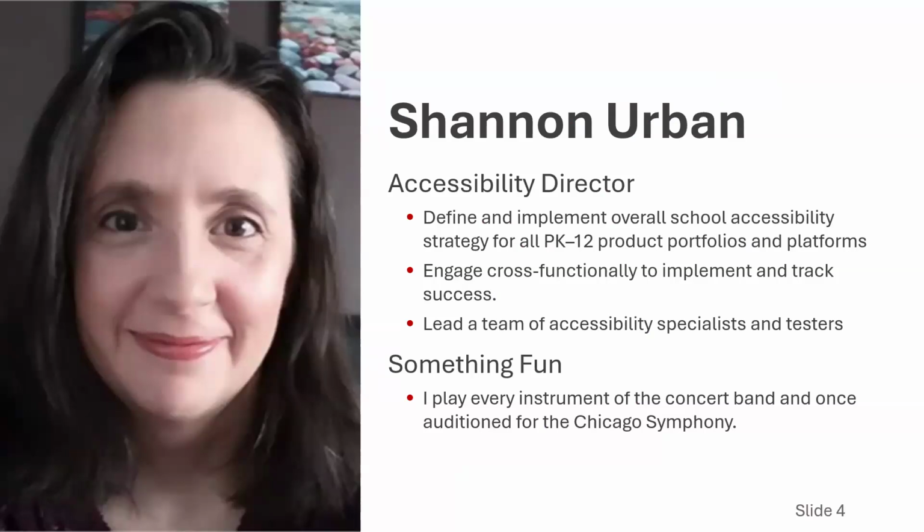A little bit more introduction to who I am. I'm Shannon Urban. I'm the Accessibility Director for McGraw-Hill School. Essentially, my job is to provide the strategic vision and how we are going to achieve all of the things that we need to achieve. I lead a team of amazing accessibility professionals who are boots on the ground doing the hard work. I engage cross-functionally.